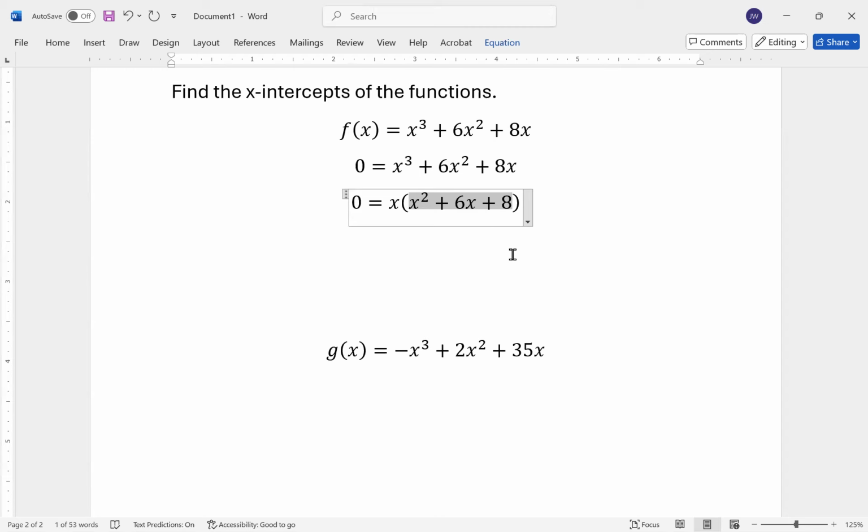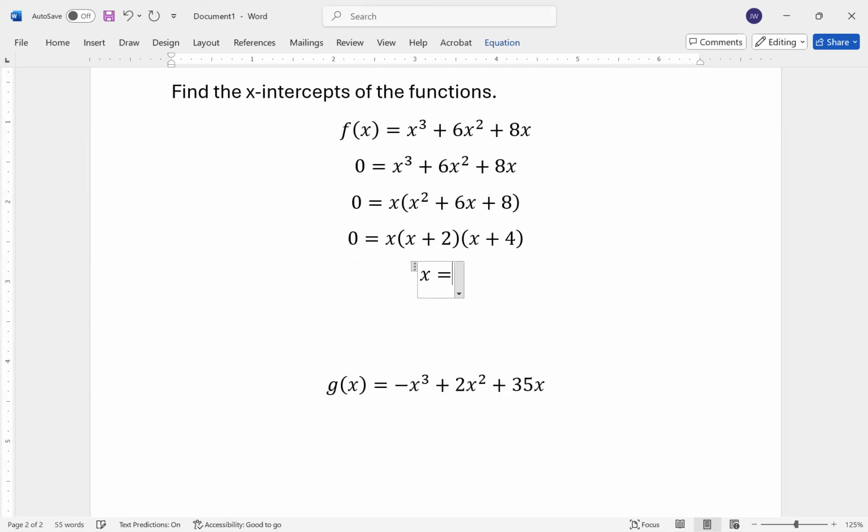Those factors are 2 and 4. And so what would happen is I'd have 0 is equal to x, and then the inside of the parentheses factors into x plus 2 multiplied times x plus 4.